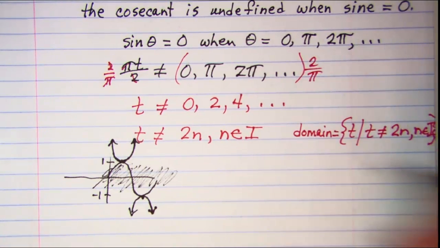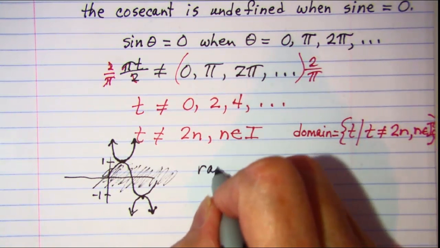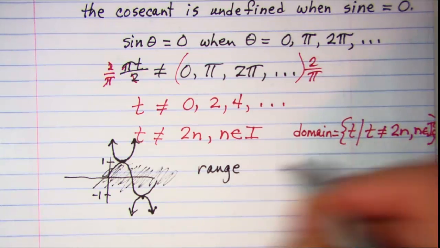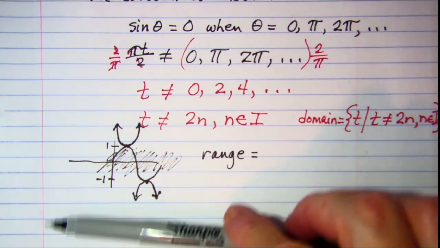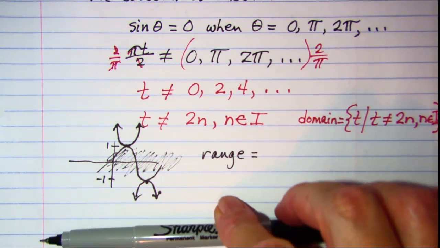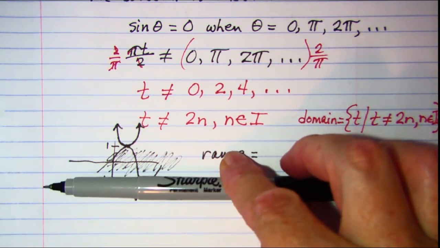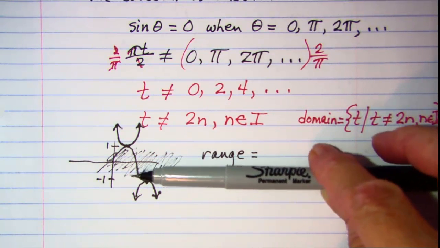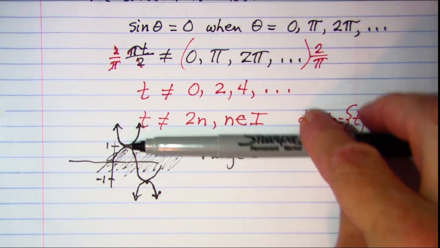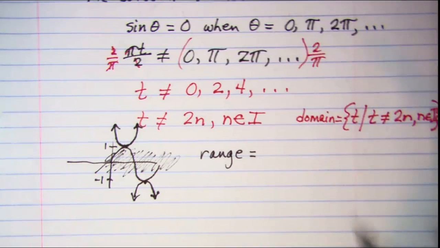So our range is going to be all real numbers from -infinity up to -1, and then we skip over this empty space and pick it back up at 1 and go on up to +infinity.